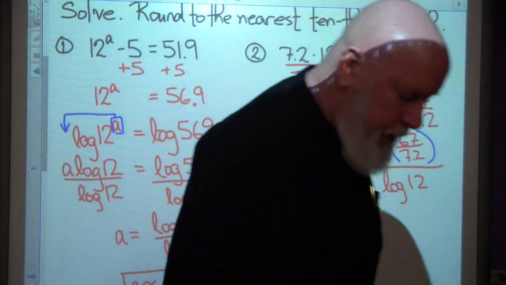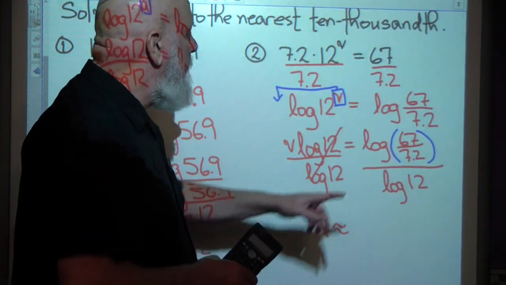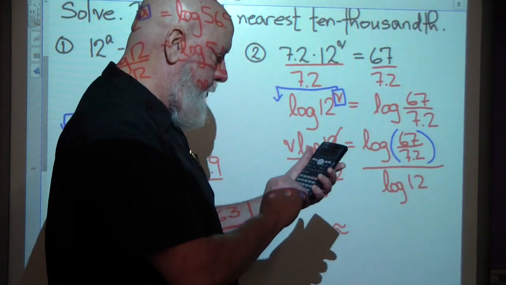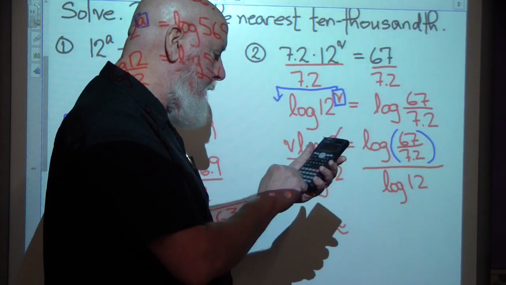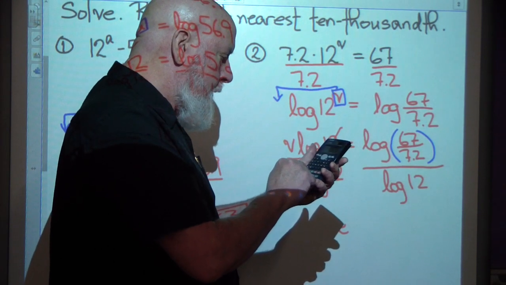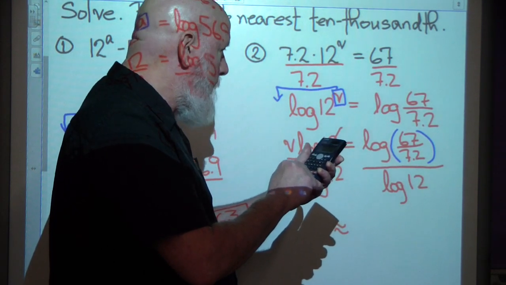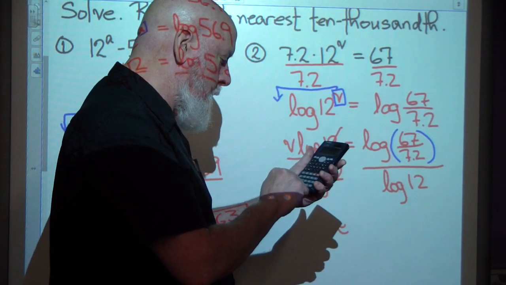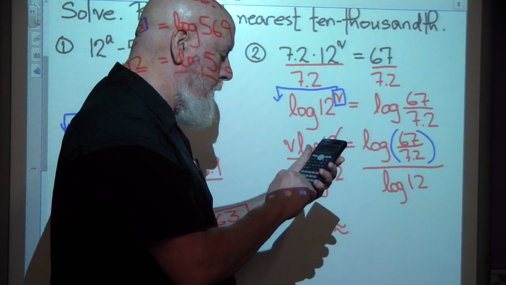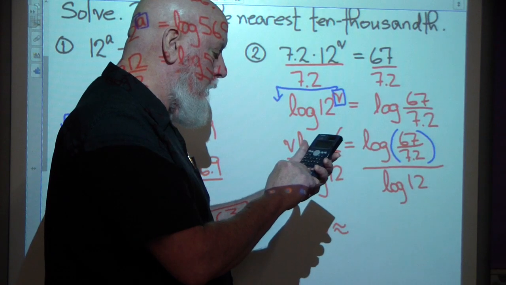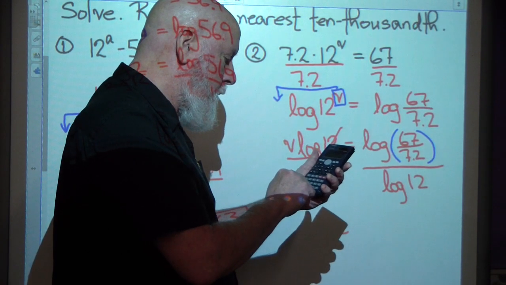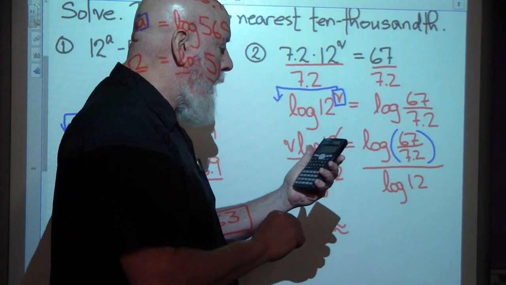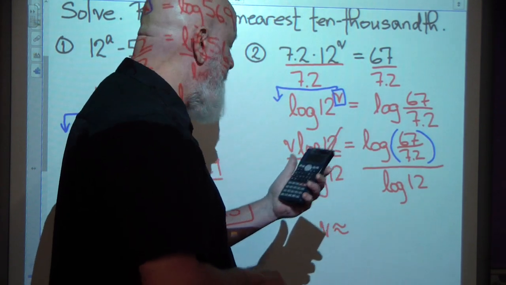Where's my calculator? There it is. Let's see what we get. Log parentheses 67 divided by 7.2, close parentheses, equals, divided by log 12. Equals, I got 0.89766.